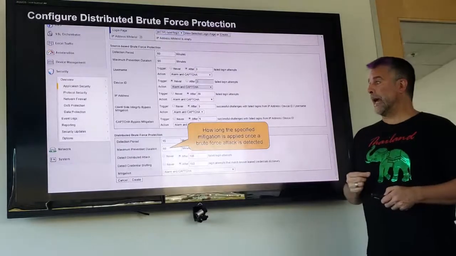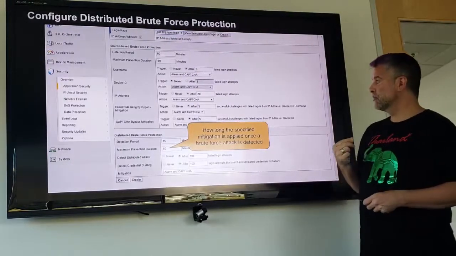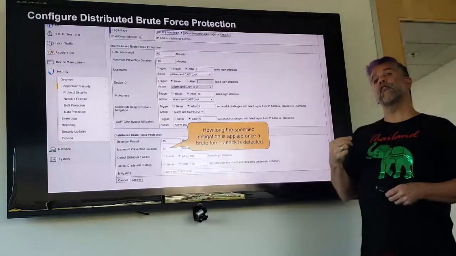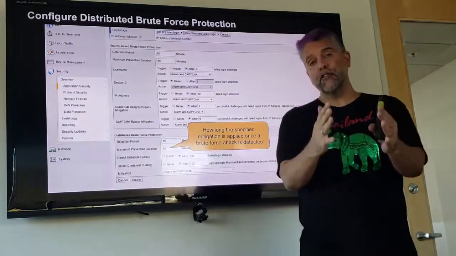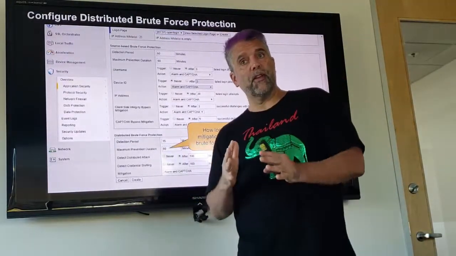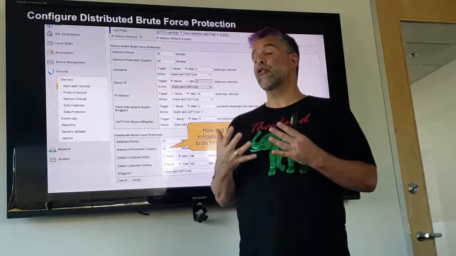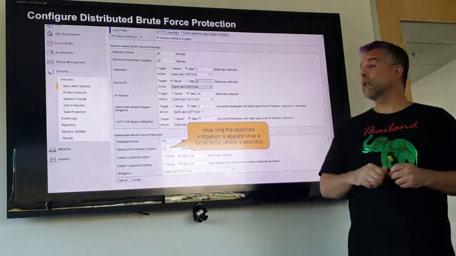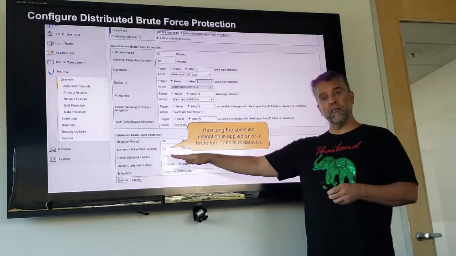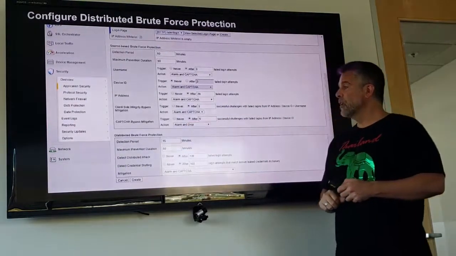But before I get to that, if ASM identifies that we are under a distributed brute force attack, then it's going to apply a mitigation. The mitigation is going to be applied for this period of time, 60 minutes.